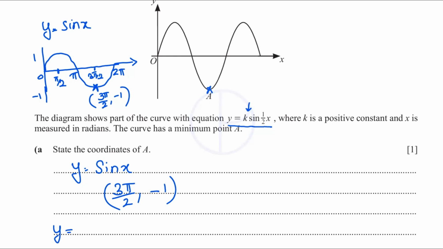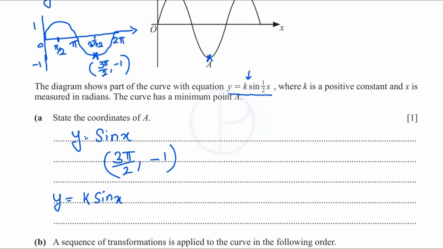So y is equal to sine x becomes y is equal to k sine x. That is, we applied a stretching by the factor k along the y direction. That is, only the y value changes, x value will not be changed. So we get 3 pi over 2 comma negative k.